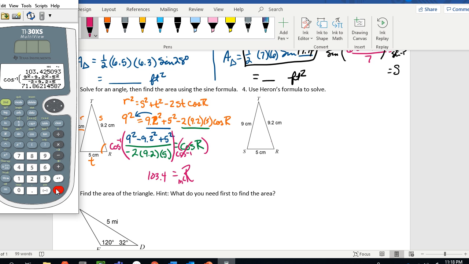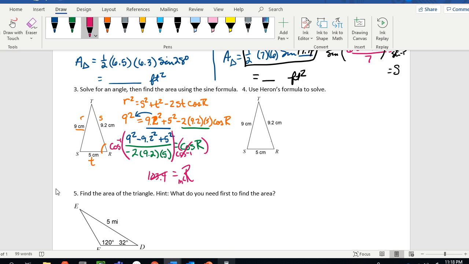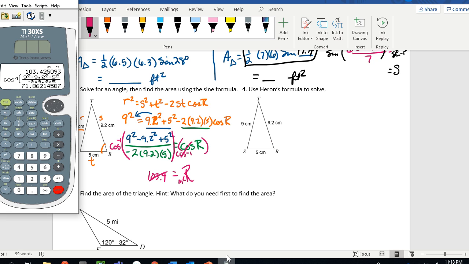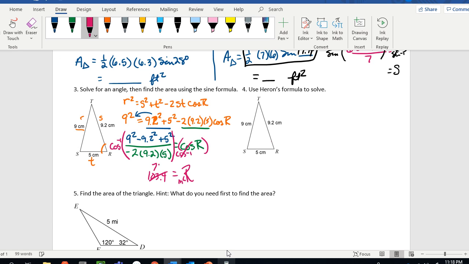Enter. Aha, I'll buy that. 71.9 degrees. That's what this one is, 71.9.